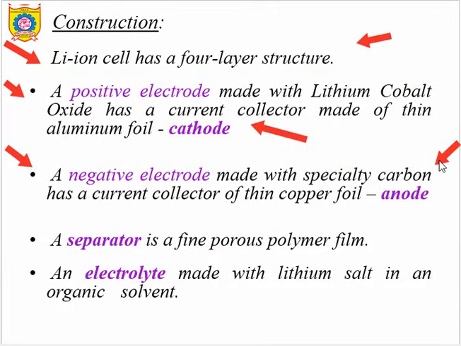So again aluminum and copper: the anode part is the copper foil, and the cathode part, the positive terminal, is the lithium cobalt material. A separator is a fine porous polymer film, which acts as an insulator and a separator.